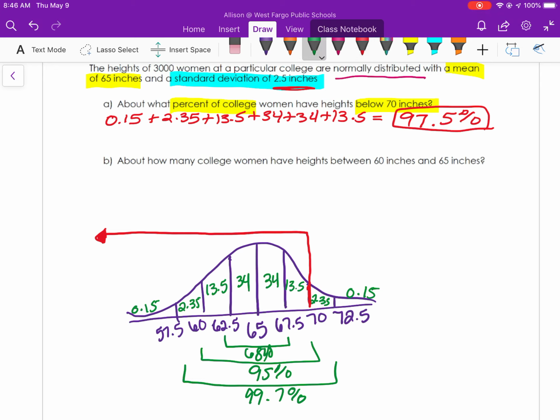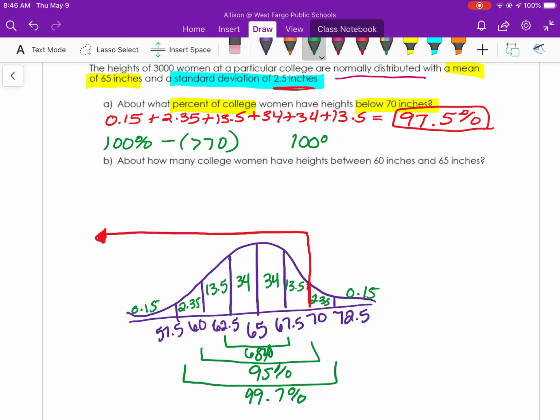Now, there is another way to look at this, and that's using the idea of opposites, or the converse. If I wanted everything below 70, and I know that everything under the curve equals 100%, I could do 100% minus greater than 70, so instead of below 70, do greater than 70, that would be the opposite.